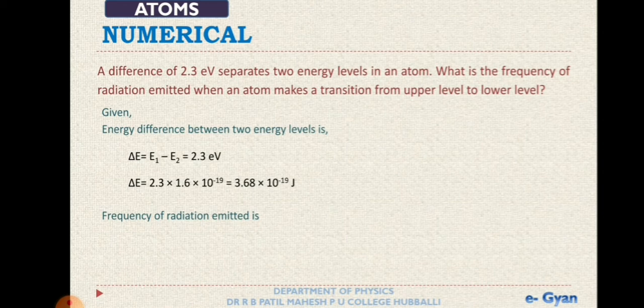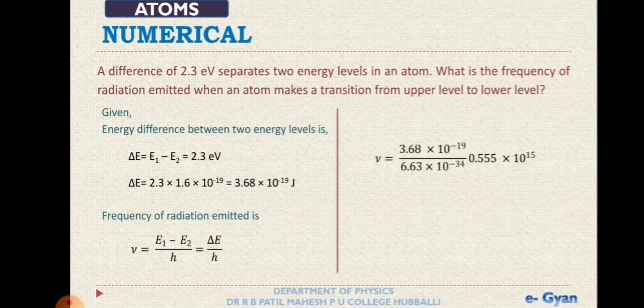Using Bohr's frequency condition, the frequency of radiation emitted is calculated as nu equal to E1 minus E2 by h, which is equal to delta E by h, where h is Planck's constant. By substituting the values of delta E and h, we get the frequency as 0.555 into 10 to the power of 15, or 5.55 into 10 to the power of 14 Hertz.